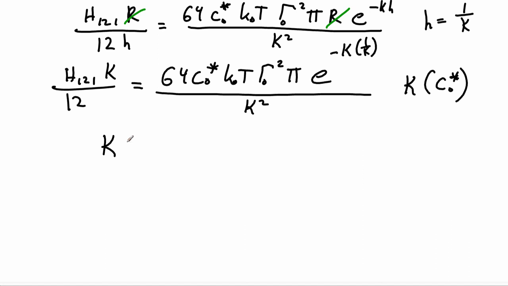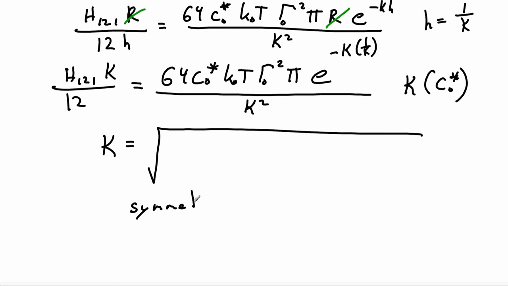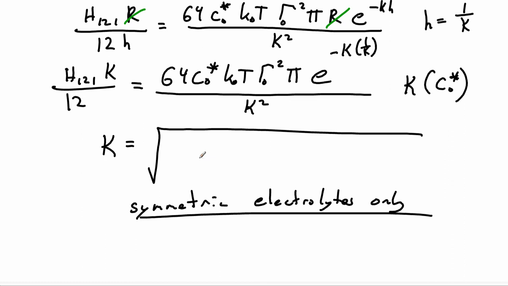So kappa is going to be equal to, and rather than write this out as a summation, let's write a simplified expression that's only true for symmetric electrolytes. Otherwise, the math is going to get really messy. So for symmetric electrolytes, we don't have to have a summation for all the different ion terms. There's 2 ion terms, and they're identical, and we can just put them together.